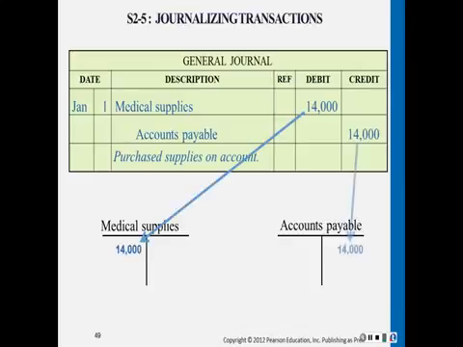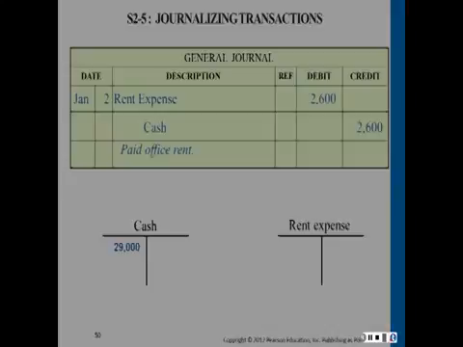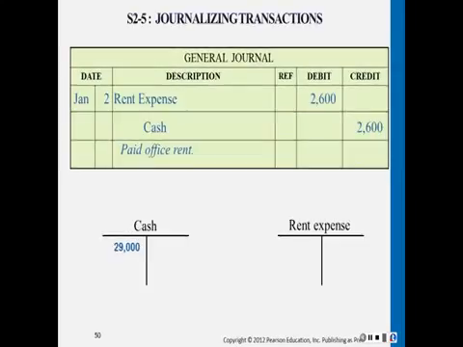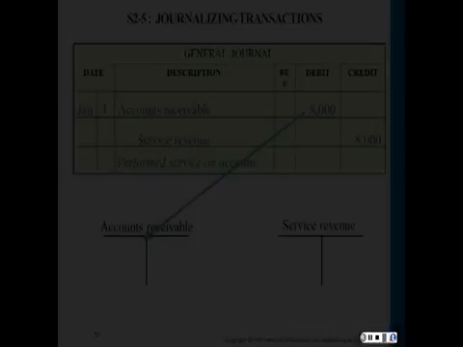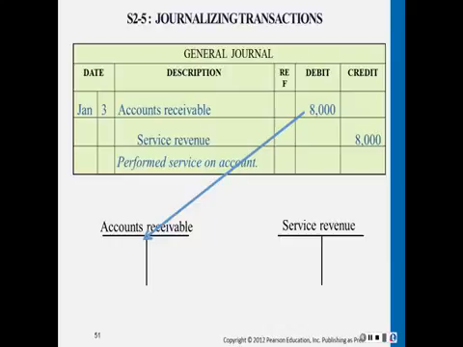Accounts payable, a credit of $14,000. Notice they're going on the correct side of the T account. Rent expense is a debit of $2,600. Cash is a credit of $2,600. Next slide, accounts receivable is a debit of $8,000. Service revenue is a credit of $8,000.